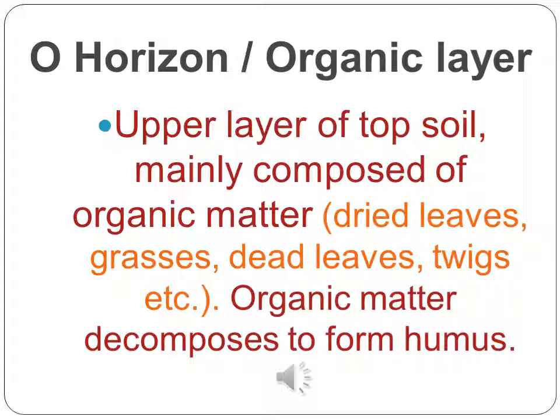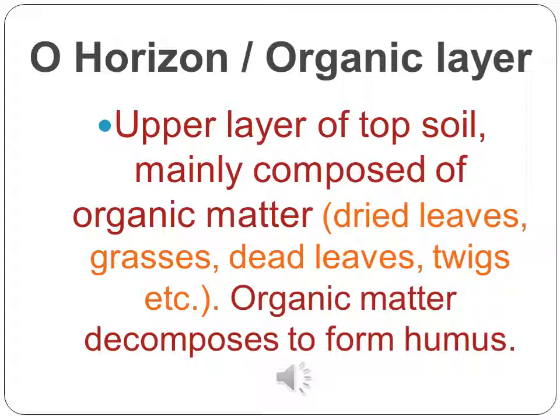So coming to horizon O. Horizon O is the uppermost layer, which is mainly composed of organic matter. That is why this layer is also called organic layer or humus.